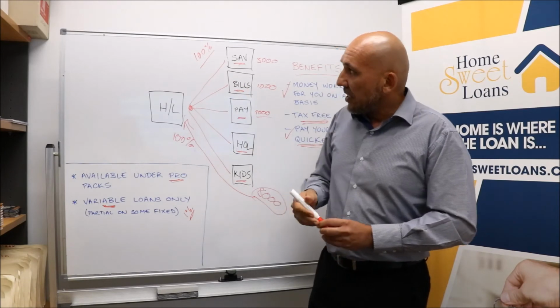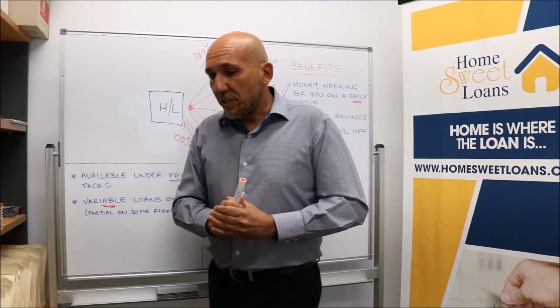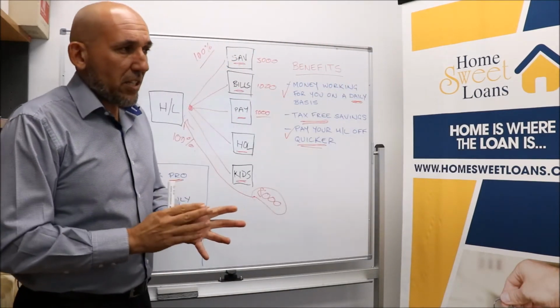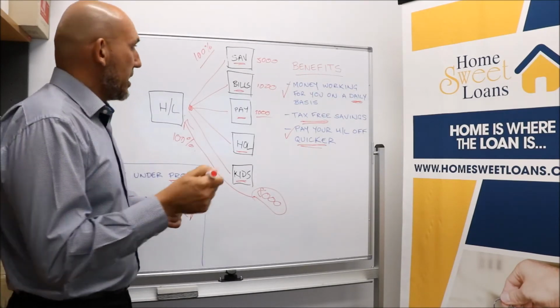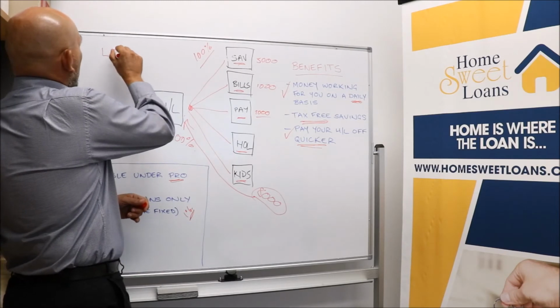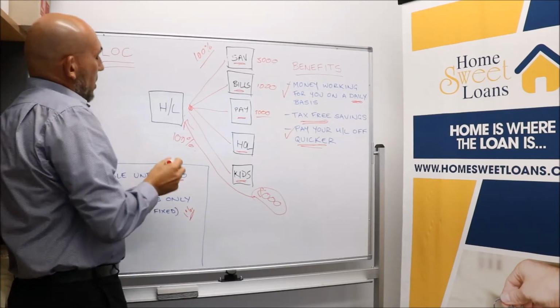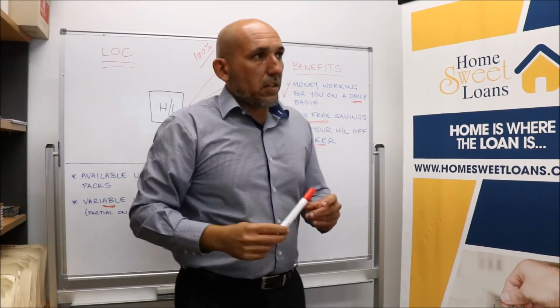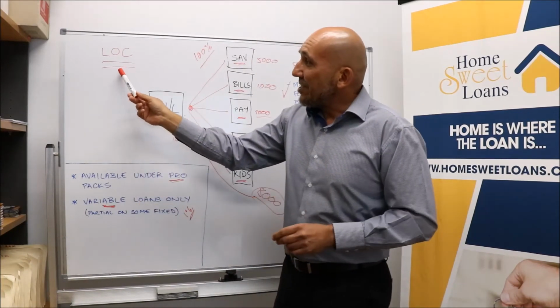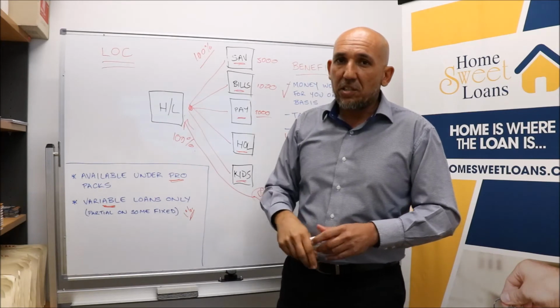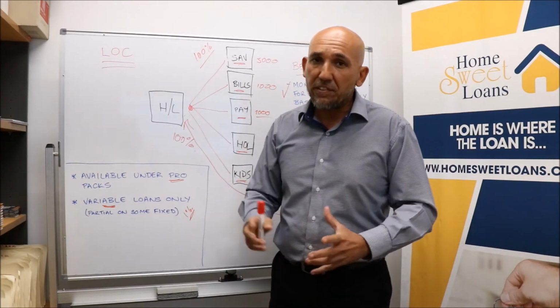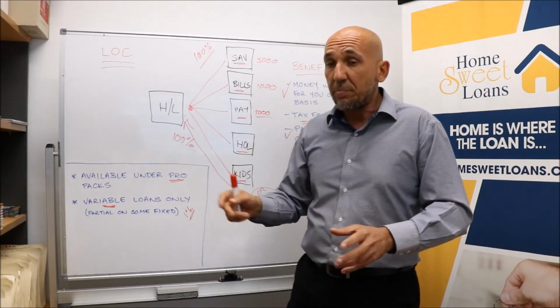Okay? Now, another question I get asked regularly, and not so much with the younger generation, but probably more my vintage and a little bit older, is line of credits. In the older days, brokers and banks would have you take a line of credit on the basis that you could pay your house off in 5, 10 years, 15 years, whatever figure a spreadsheet produced.